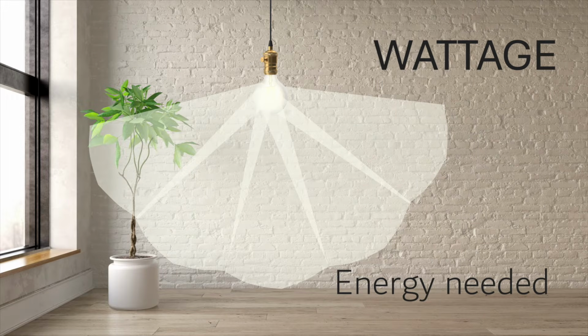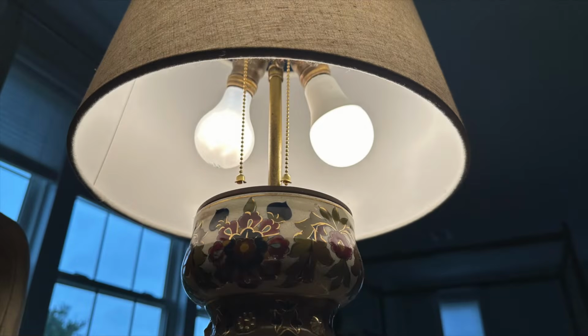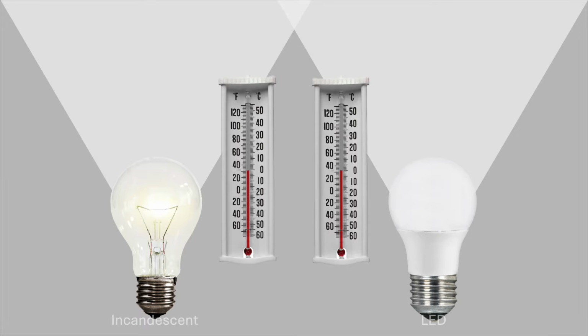Wattage, or energy level, is also related to heat output, which can be an issue when it comes to artwork. Think about the difference in heat emitted by an incandescent bulb as opposed to an LED. LED bulbs remain cool no matter how long they're lit because of their low energy use, while incandescent light bulbs gradually heat up and can get pretty hot.